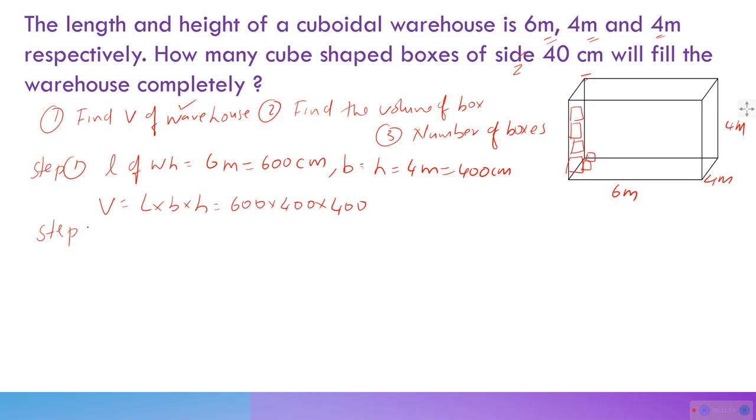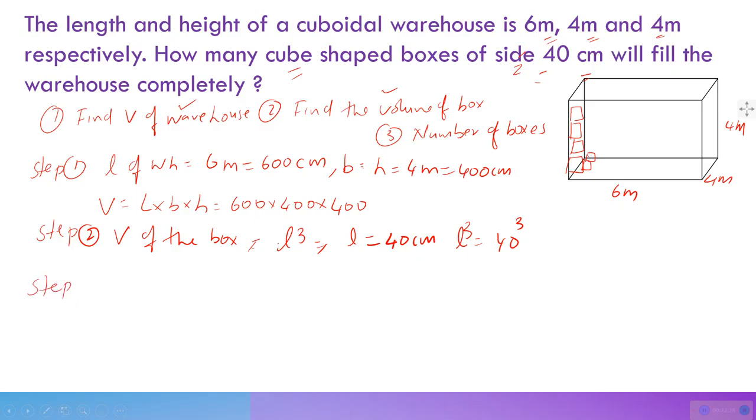Step 2 is to calculate the volume of the box. The box is cube shaped, so all sides are equal. We will be applying the formula L cube, and L is equal to 40 centimeter, so L cube will be equal to 40 to the power of 3. Now the step 3 is dividing the volume of the warehouse with the volume of each box. So that is step 3 to find out the number.